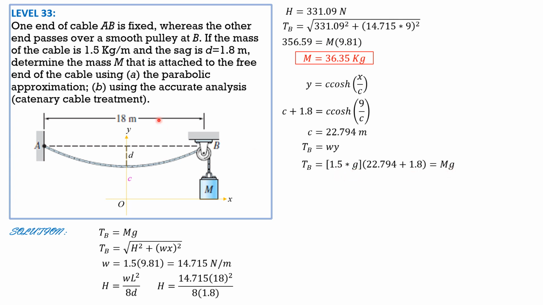In this calculation, I just multiplied W, 1.5 kilograms per meter, by G, so that we can cancel G. Solving for M, M is 36.89. So this is the more accurate answer.